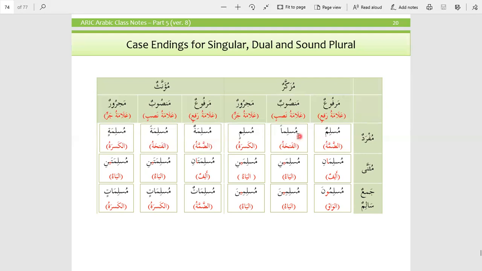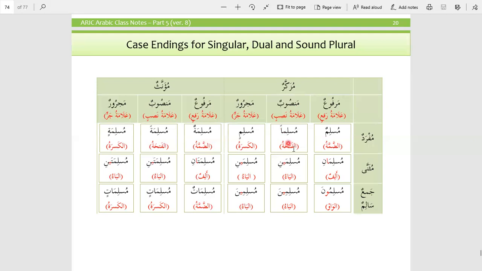Let's look at Muslima, Musliman. Take note of the change of the case ending. It's now fatha tanwin, fatha. Musliman. And this is now mansubun. The sign is fatha.